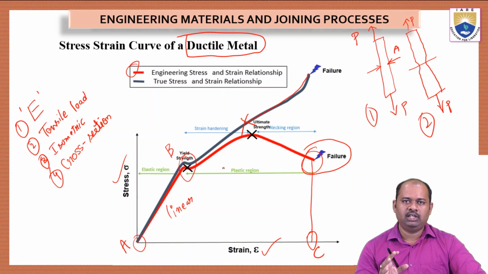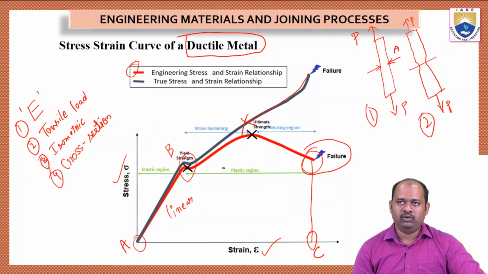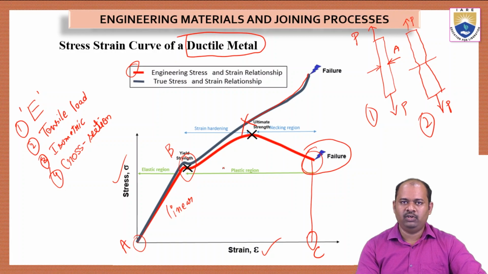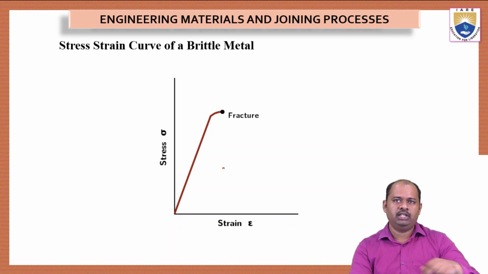We assume that the cross-sectional area is the same from the initial point with no load to the failure point. So this is all about the stress-strain curve of a ductile material. This graph is valid only for ductile metal. When we want to study the relation for a brittle material, it is completely different.